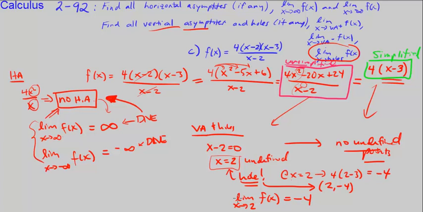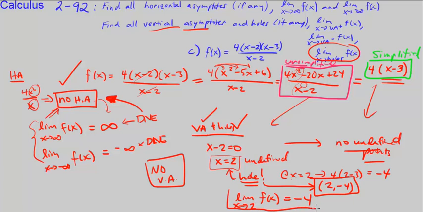So we have seen our horizontal asymptotes in part C; our vertical asymptotes, of which this function has none; and our hole, where the limit as x approaches 2 is equal to negative 4. This ends Calculus Chapter 2, number 92.